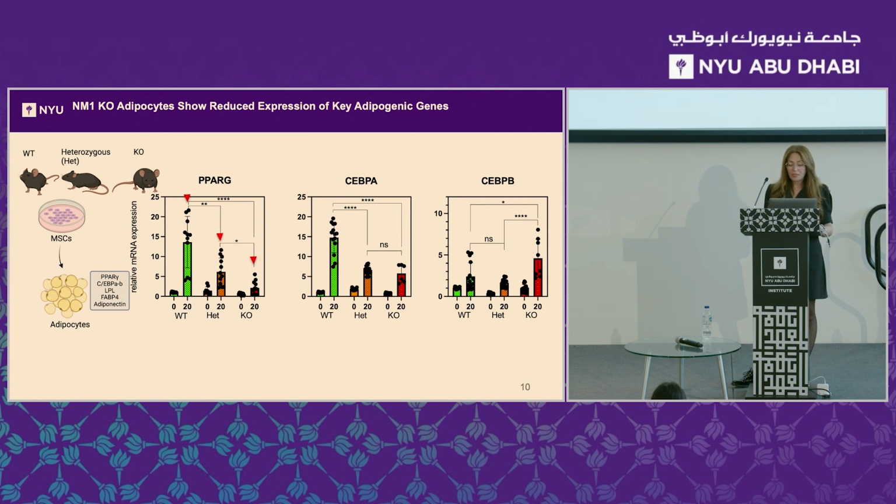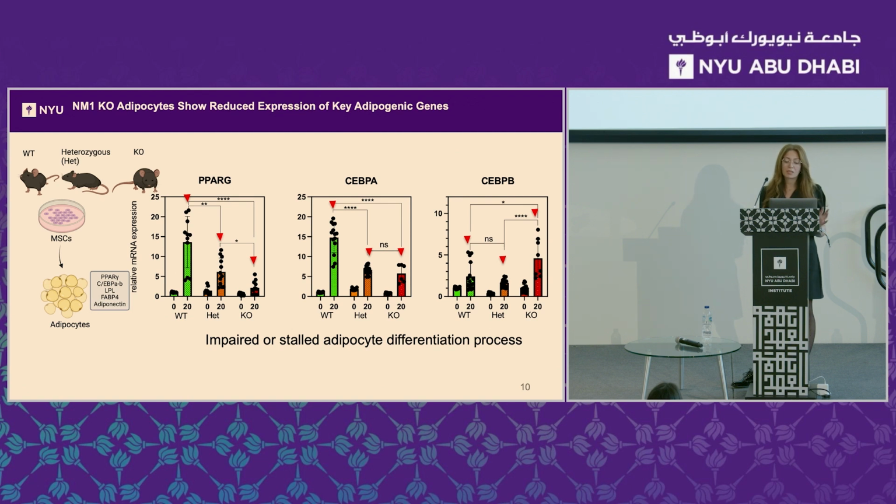We noticed that PPAR gamma and C/EBP alpha, both of them were downregulated in the absence of NM1 in heterozygous and knockout samples, but C/EBP beta was slightly increased in the knockout sample. So this was indicating that we have an impaired or stalled adipocyte differentiation process, because PPAR gamma and C/EBP alpha are very important for the early stage of adipogenesis.